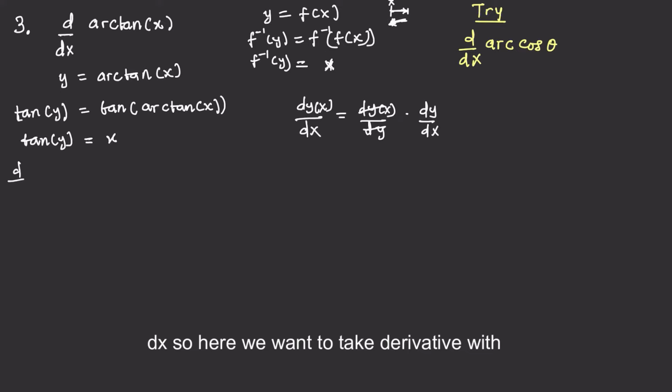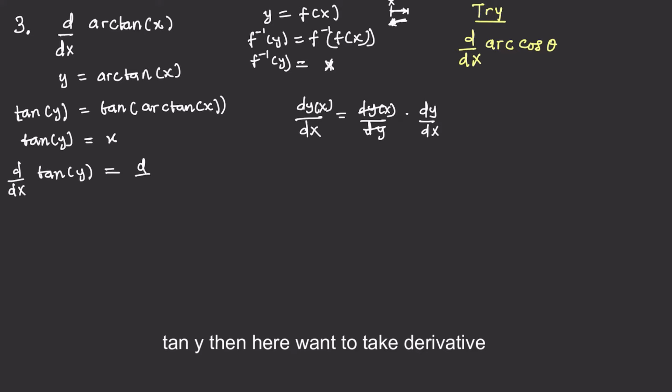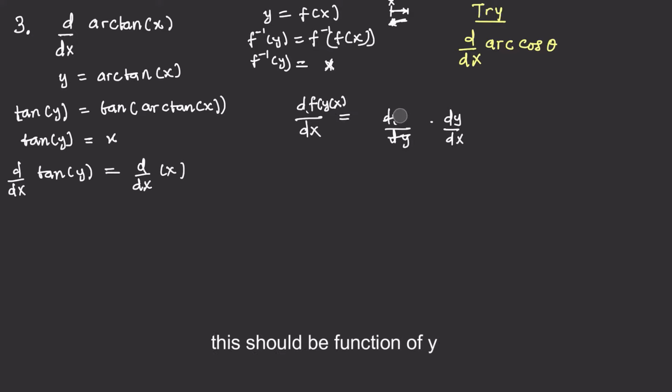So here we want to take the derivative with respect to x of tan y, and here we want to take the derivative of x. Okay, so what do you observe? You observe that this is a function of y. We want to take its derivative with respect to x. So that means I could have written this as a function of y, which is a function of x. So this should be the derivative of the function of y with respect to y, then multiplied by dy dx.